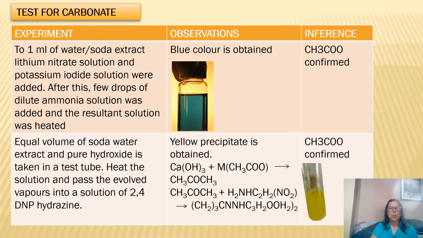And then let us try to look into how these tests are being done. So for the test of carbonate, you have here two approaches. The first one is, of course, the addition of water or soda extract, and then lithium nitrate solution and potassium iodide solution are added. After this, a few drops of dilute ammonia is added and the resultant solution is heated.